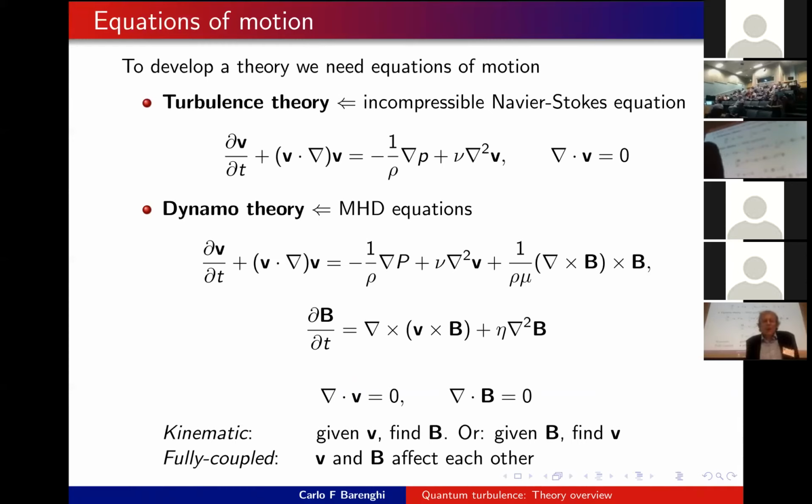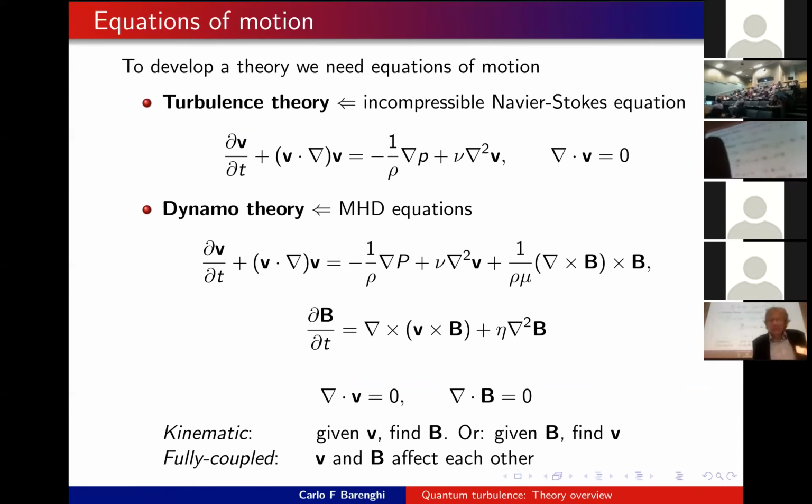Historically, there is a name which has been used in this context, which is the name kinematic dynamo. So what's the idea? Well, the problem being quite difficult, with two nonlinear field equations to solve together, people started making sense of solutions of problems where the velocity field is given, and then they studied what happens to the magnetic field B, or vice versa, given the magnetic field, find what happens to the velocity.